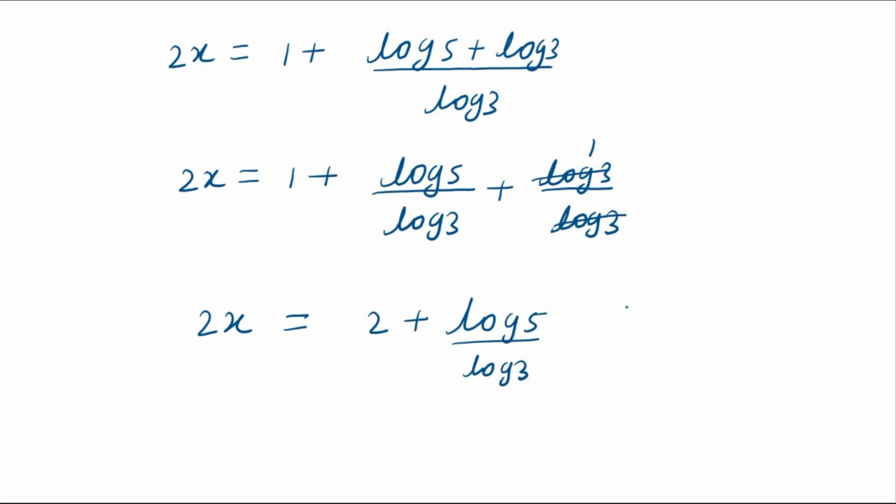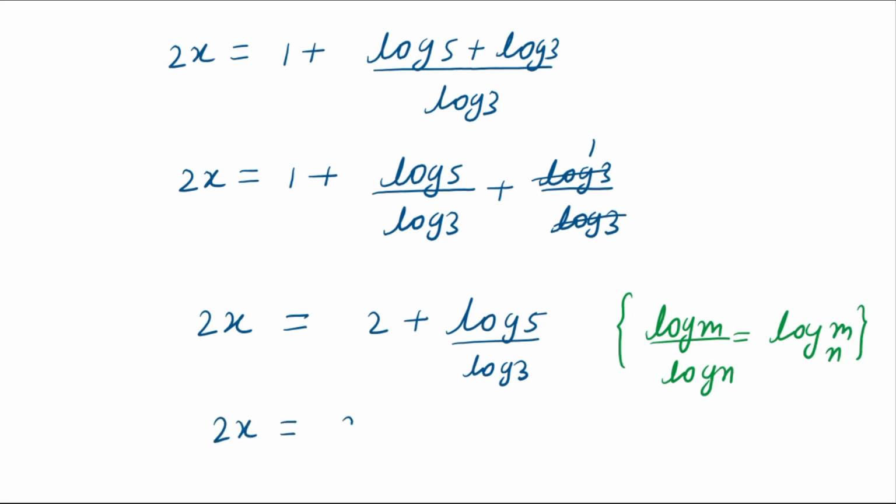Now we will apply this rule: log m over log n is equal to log m with base n. If we apply this rule here, the left hand side is 2x, which is equal to 2 plus log 5 with base 3.